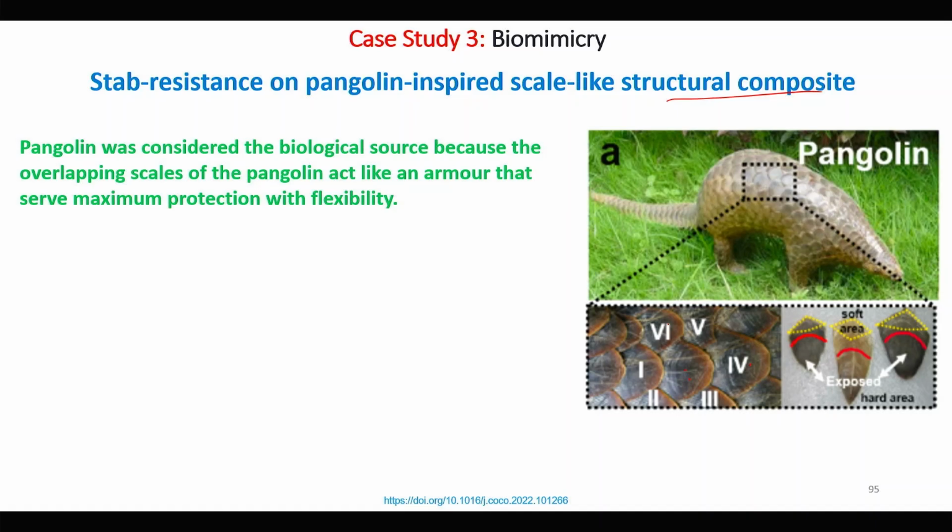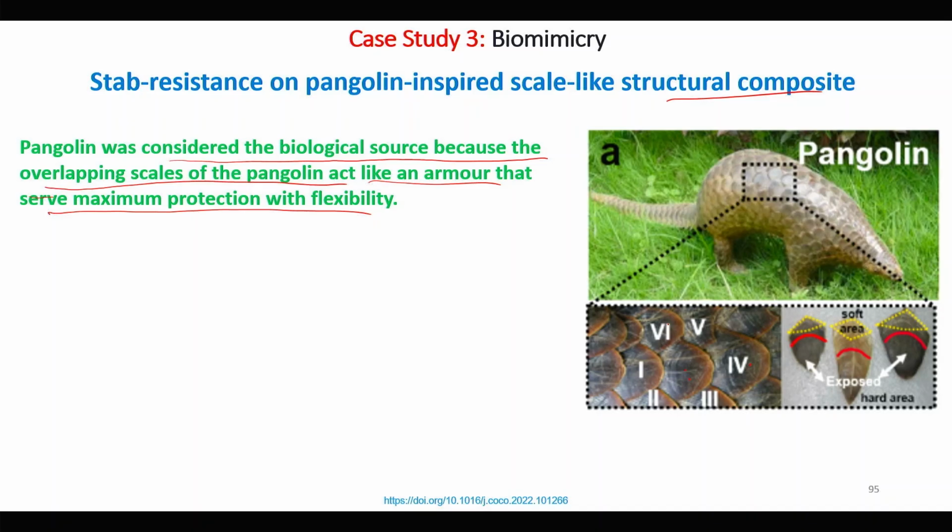So, pangolin was considered the biological source because the overlapping scales of the pangolin act like armor that serves maximum protection with flexibility.